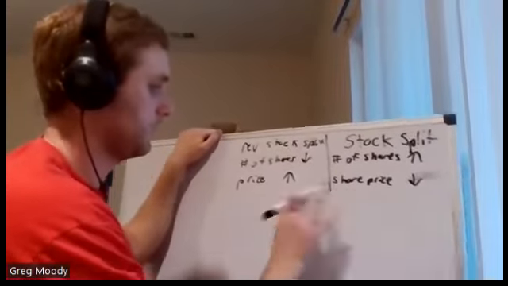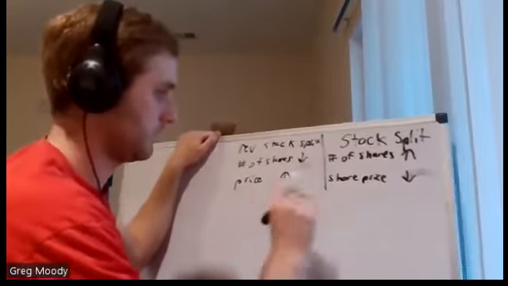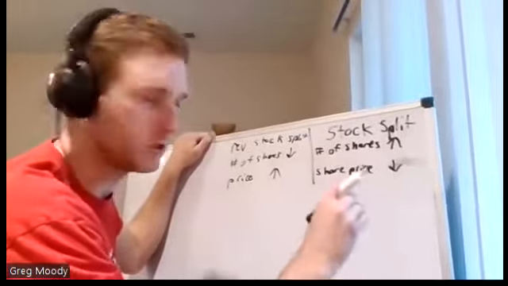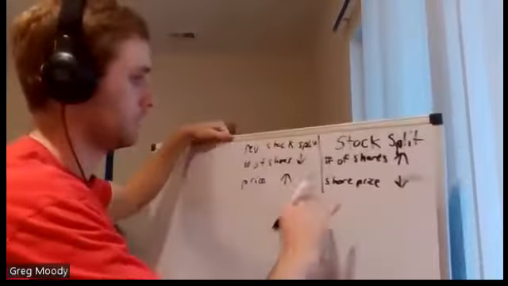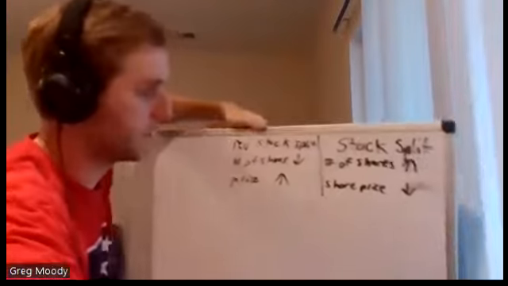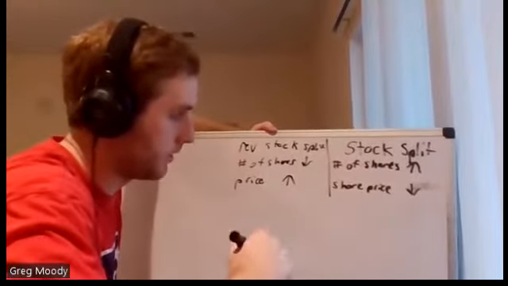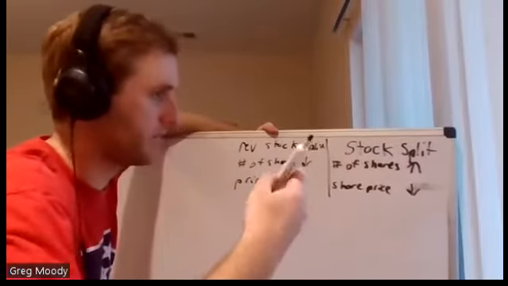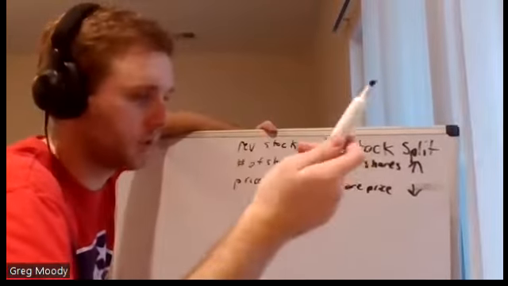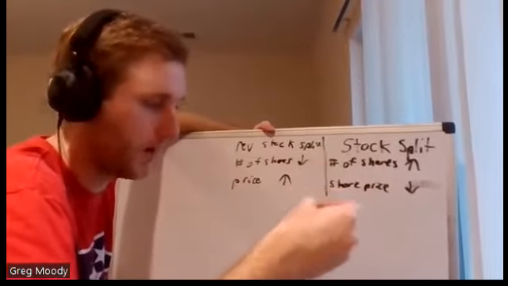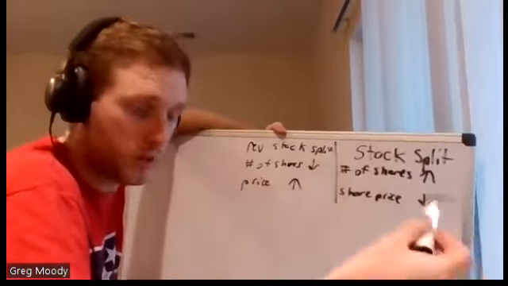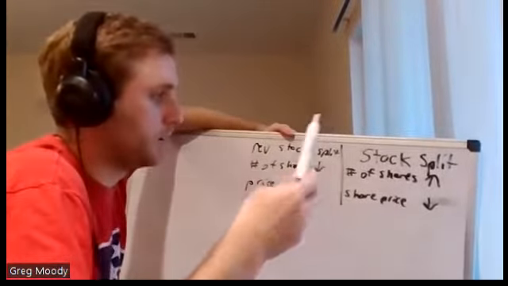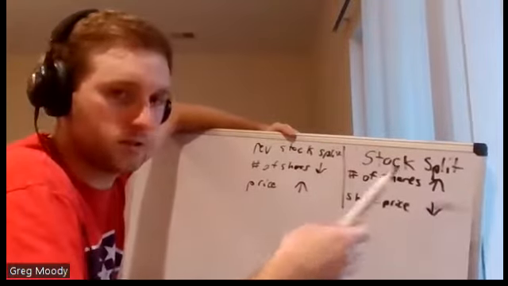Is in this, your equity stays the same. So the value of equity won't change. Like if we had $63,000 in equity and we had 63,000 shares, and everything was selling at $1, if I thought that price was too high and I doubled my number of shares and my stock price fell to $0.50, the value of the equity is still the same.